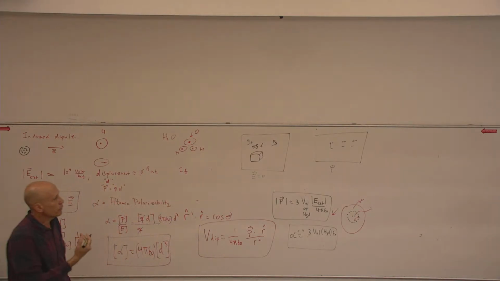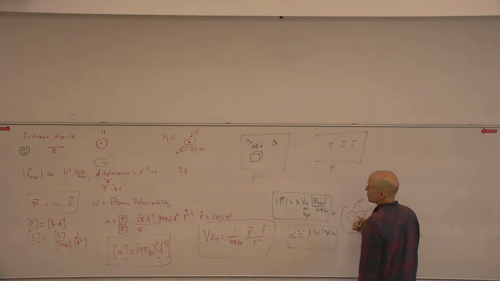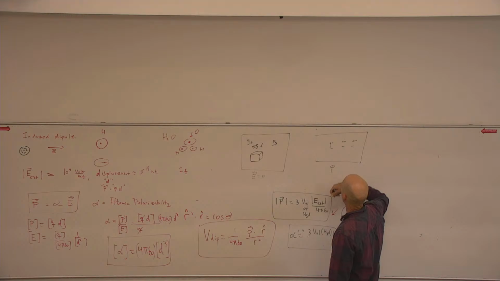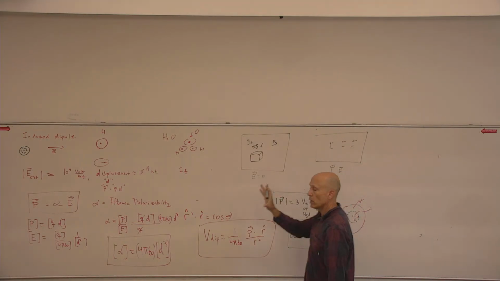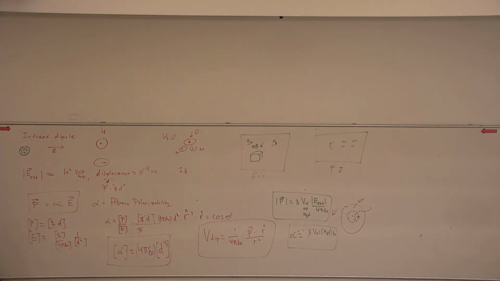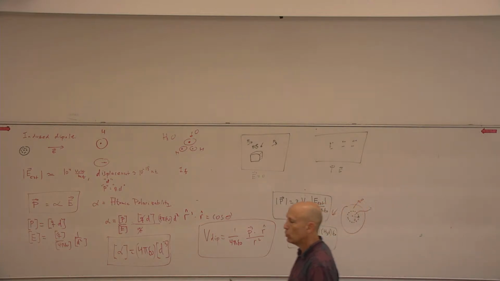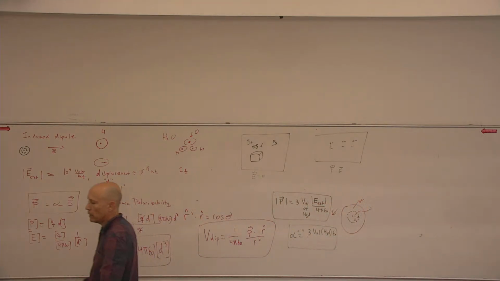Now you see the macroscopical effect is the same, because here I induce, by the external field, a macroscopical dipole. Without the external field, there's no dipole on average. So the effect of these things is very similar. This is great because now I don't need to talk about water and about hydrogen.